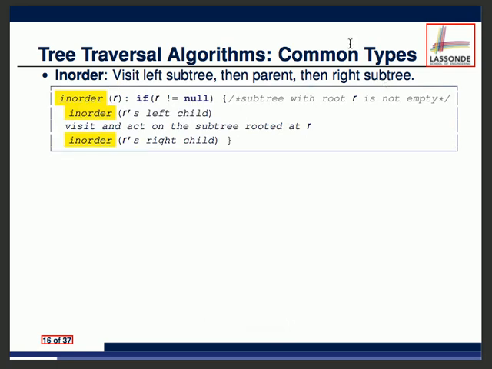If I say inorder on a subtree rooted at R, if R is not equal to null, that means I'm dealing with something that's not empty. In that case, I recursively call inorder on R's left child, then visit the current root R, and then recursively do inorder traversal on R's right child. It's only pseudocode.